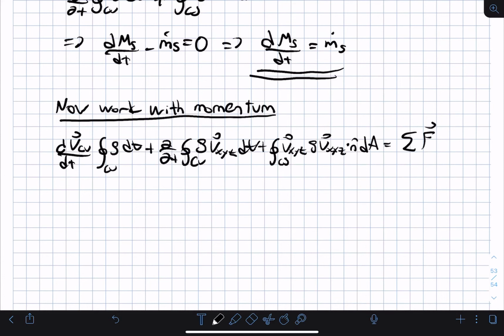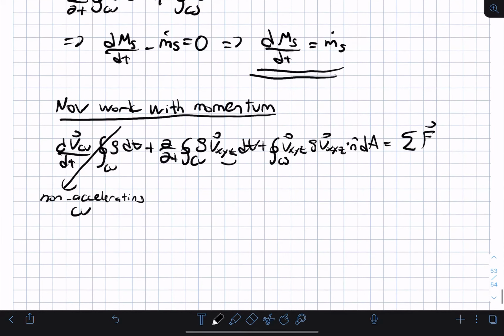Okay, and so we can start crossing out terms here. Well, we have a stationary control volume, so it's not accelerating. So we have a non-accelerating control volume. And I argued above that Vxyz equals V, and I'm not going to show that again.